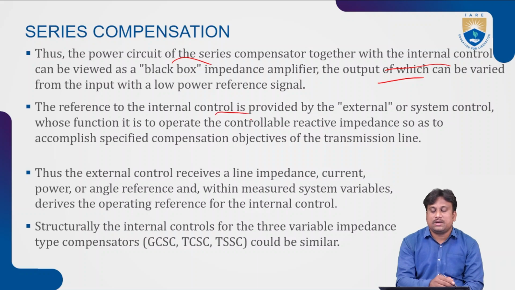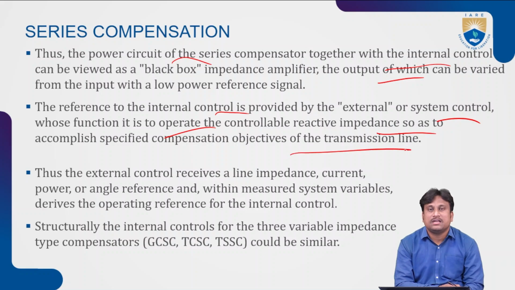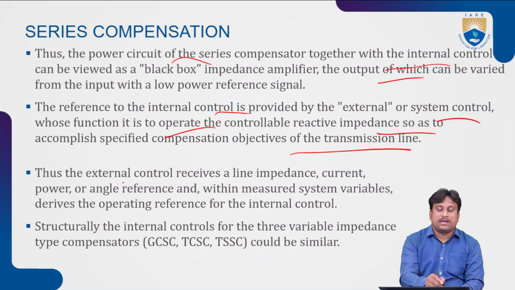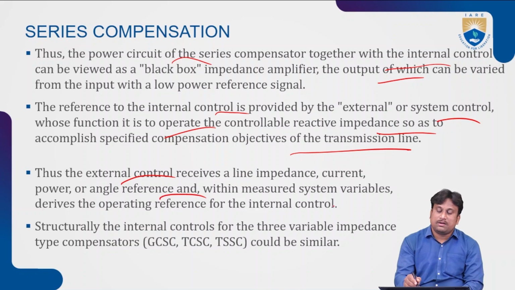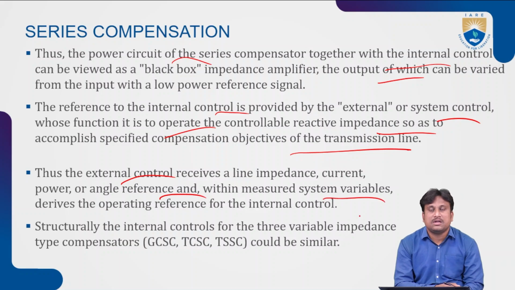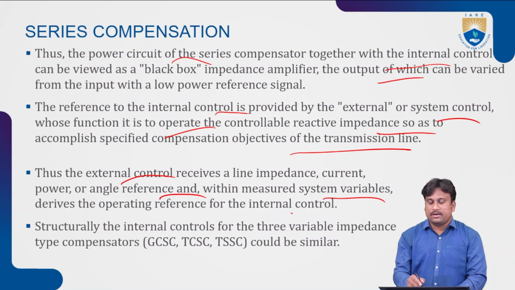The reference to the internal control is provided by the external or system control, whose function is to operate the controllable reactive impedance so as to accomplish the specified compensation objectives of the transmission line. The external control receives line impedance, current, power or angle references, and with the measured system variables it derives the operating reference for the internal control.